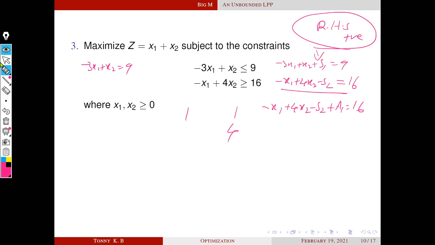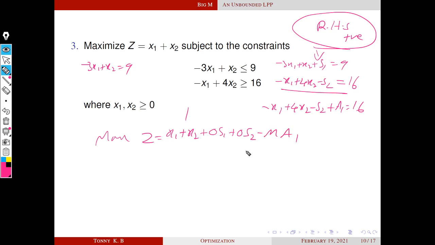So what is the cost in the objective function? What is the new objective function? Z is equal to, maximize, x1 plus x2. What is the cost of s1 and s2? 0 s1 plus 0 s2 minus M a1.